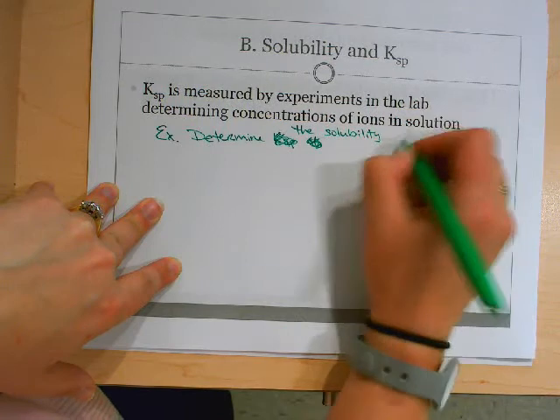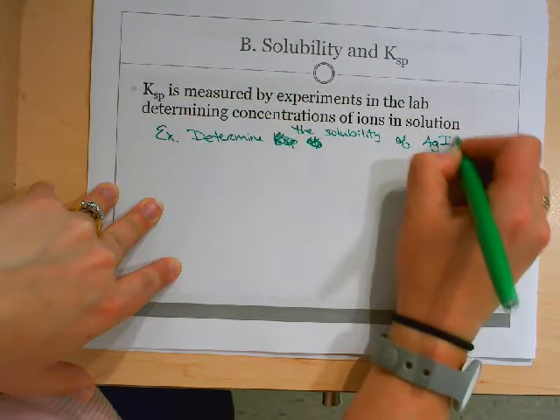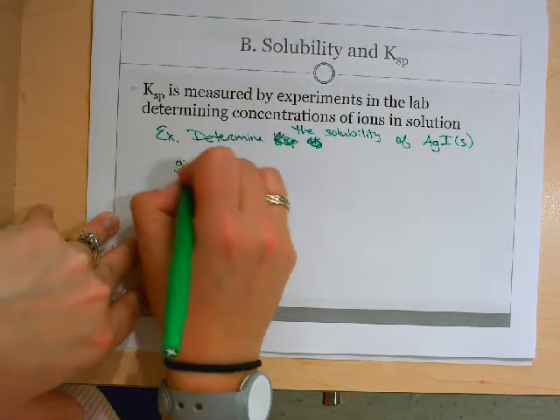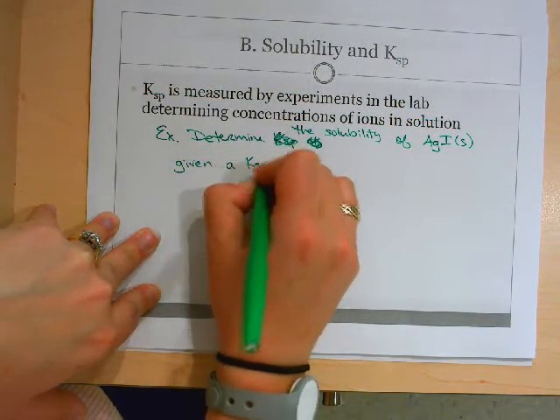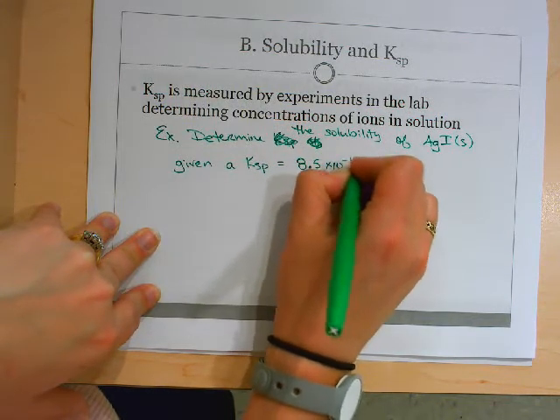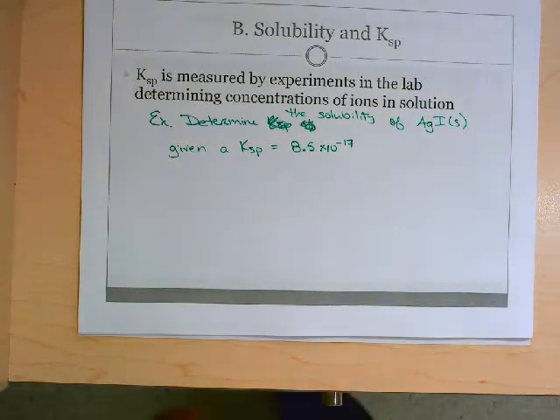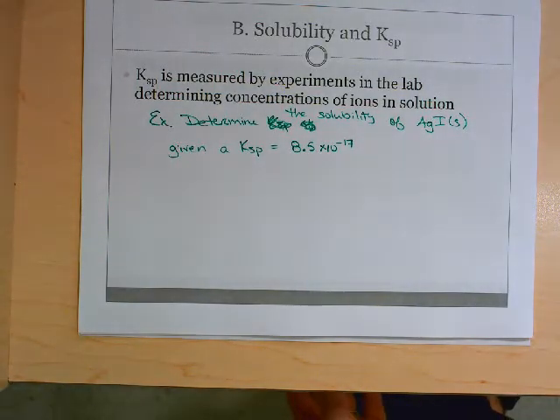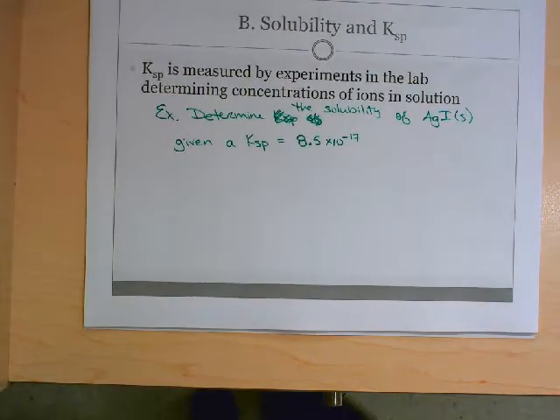So determine the solubility. First of all, let's talk about this KSP. How relatively big is this KSP? It's super tiny, so how much should it dissolve? Almost nothing. So this is considered insoluble in general, but we're going to calculate how many ions it possibly makes given this tiny KSP.